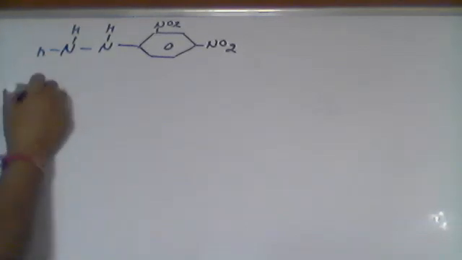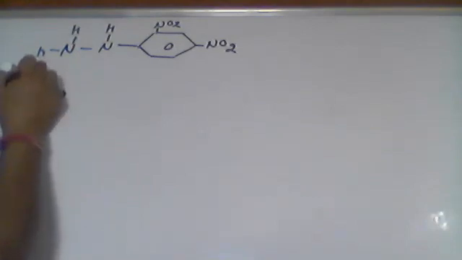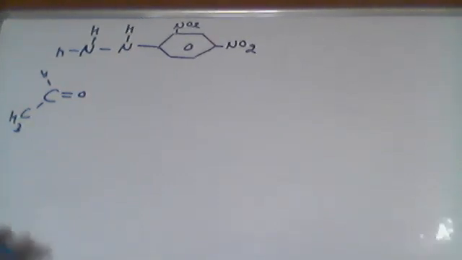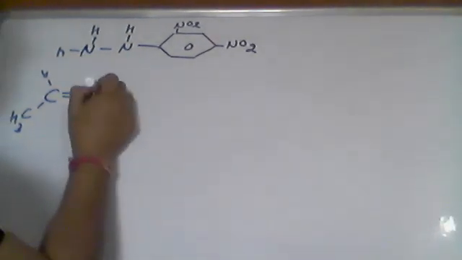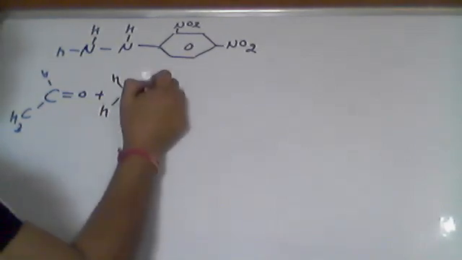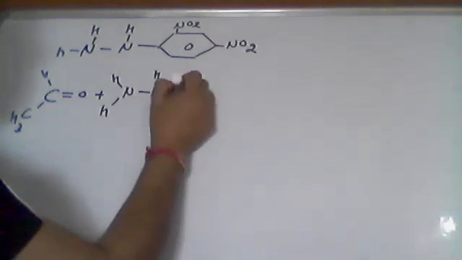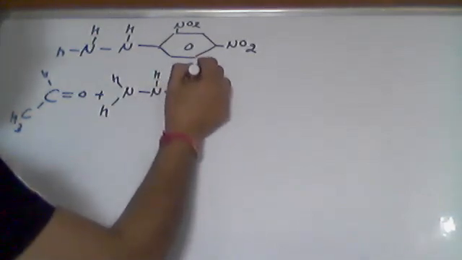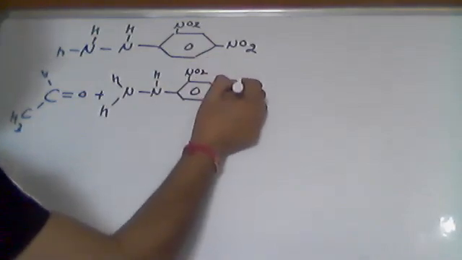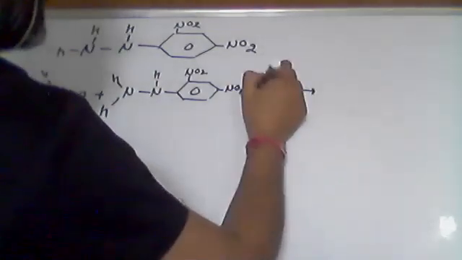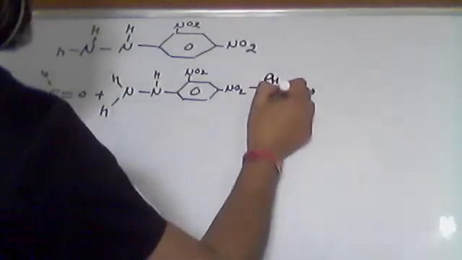So I'm going to react this one with the aldehyde first, CH3 acetaldehyde here. And I'm going to react this with the 2,4-dinitrophenylhydrazine, and here we have the NO2. We are going to just remove water. The pH we are going to maintain at 4.5.